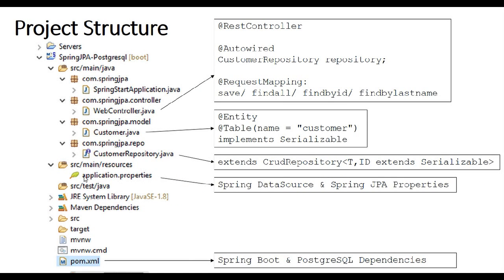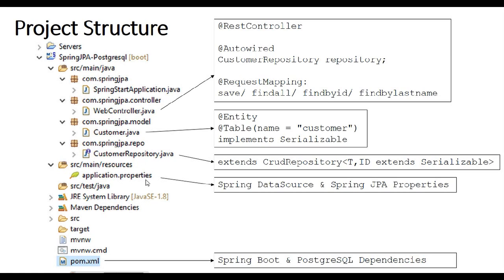To do those things, our project structure includes the Customer class, which corresponds to the entity and table customers and should be implemented as Serializable. CustomerRepository is an interface that extends CrudRepository, and it will be autowired in the web controller and used to implement repository methods or custom finder methods. The web controller is a REST controller which has request mapping for some RESTful requests such as save, findAll, find by ID, and find by last name.